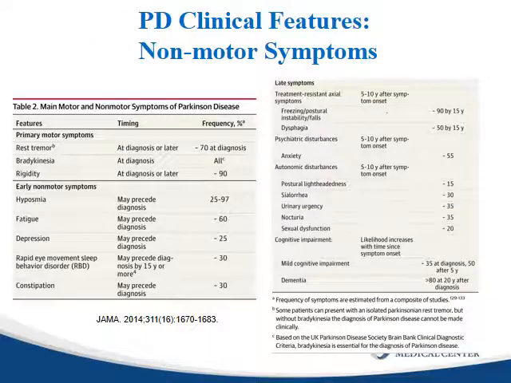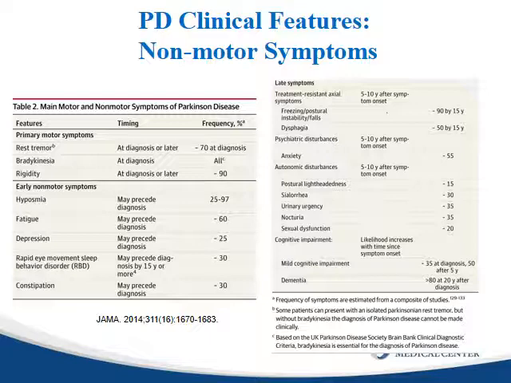So the TRAP phenomena describe the typical motor symptoms of Parkinson's disease. We now know that Parkinson's patients also have a lot of so-called non-motor symptoms. In the earliest stage of the disease course, a patient can have hyposmia, meaning the lack of smelling function, which may precede diagnosis in 25 to 97% of patients, depending on the study.